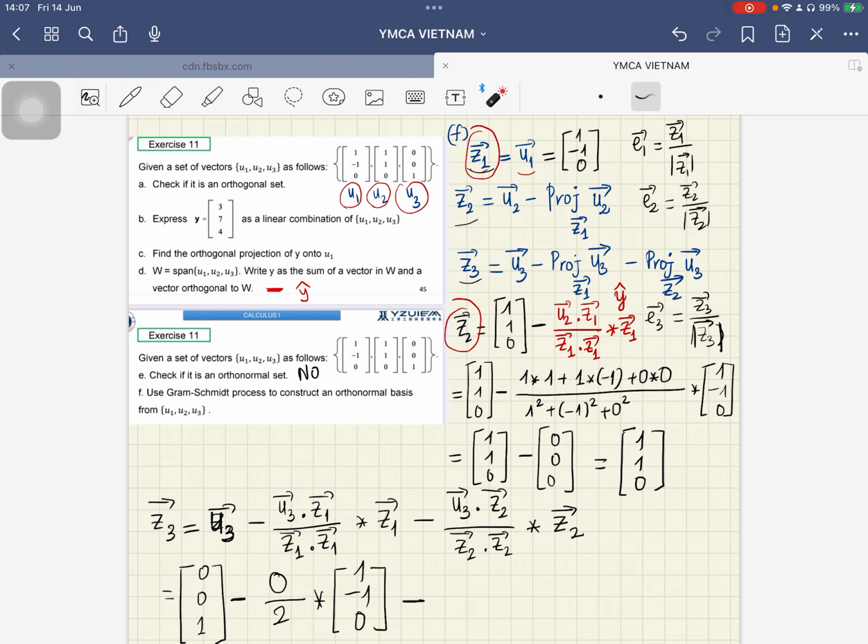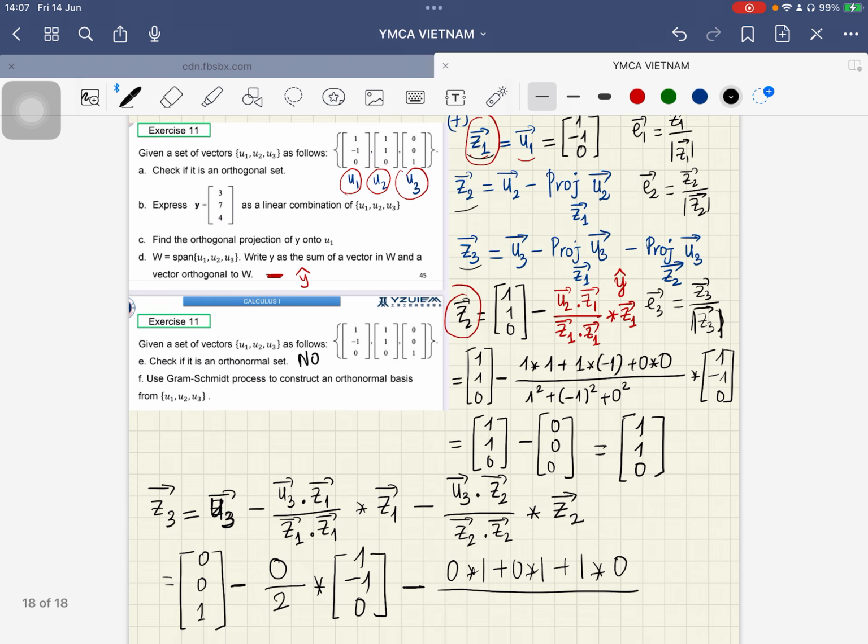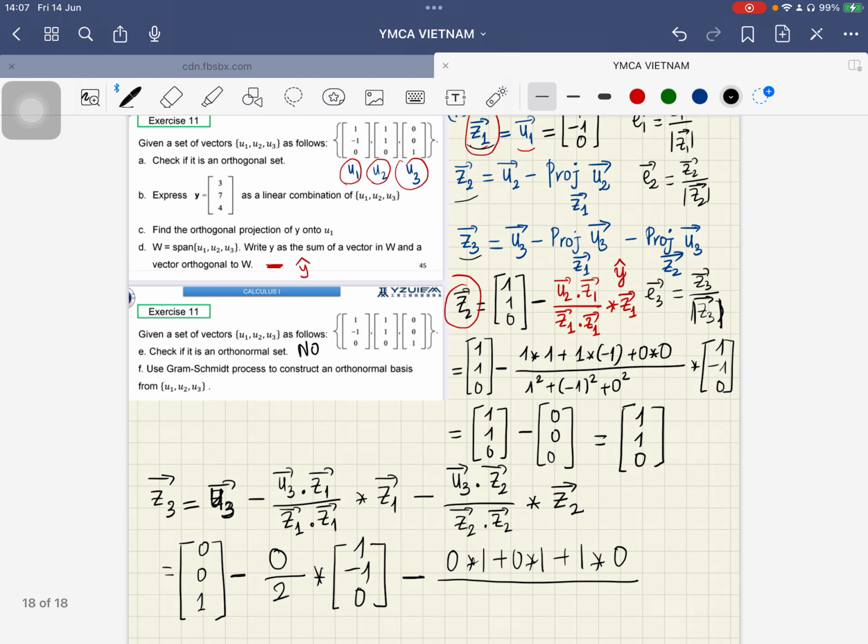Minus the dot product between U3 and Z2. U3 here, Z2 here. So we have 0 multiplied by 1 plus 0 multiplied by 1 plus 1 multiplied by 0, divided by the dot product of Z2 and Z2.